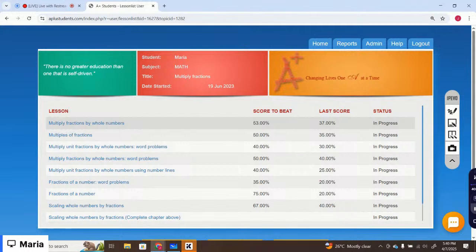The chapter we are working on is multiply fractions. The lessons we have covered today are multiplying fractions by whole numbers, multiples of fractions, multiply unit fractions by whole numbers word problems, and multiply fractions by whole numbers word problems. So please make sure that before the next session you complete all the practice questions for the lessons we just did. That is your homework until the next session.